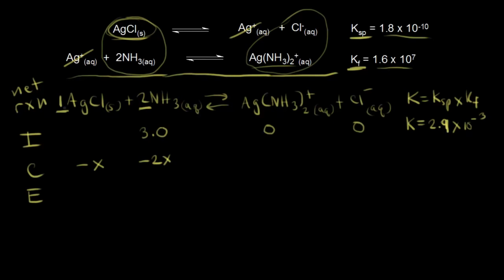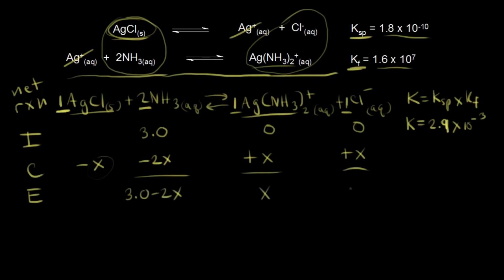For our products, if 1 mole of silver chloride dissolves, we make 1 mole of our complex ion, so we gain X for the complex ion. Same thing for the chloride anion, because our coefficient is a 1. So at equilibrium, our concentration of ammonia is 3 minus 2x, our concentration of complex ion is X, and our concentration of chloride anion is also X.